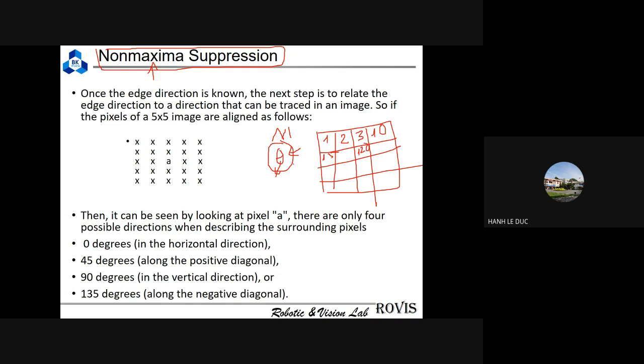So because we have many theta values, they zip them into just 4 bins. Bin 1 is 0 degree, bin 2 is 45, then 90 and 135.